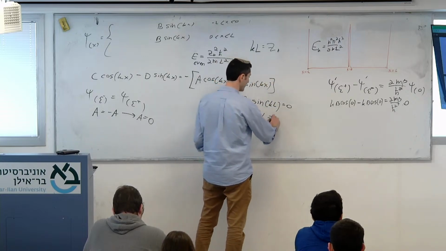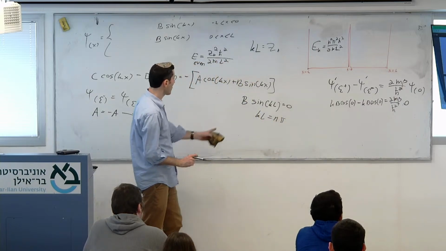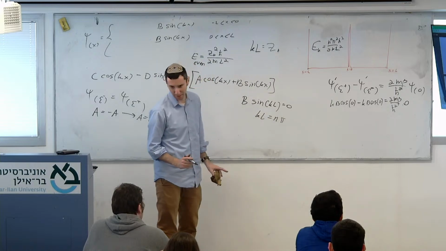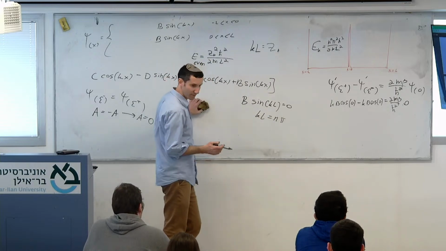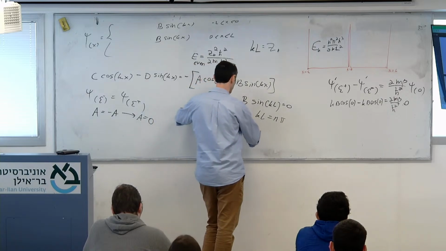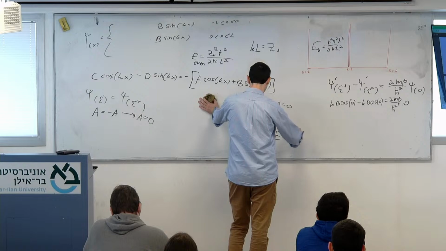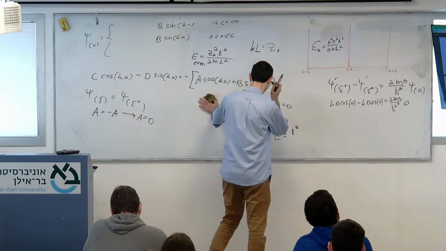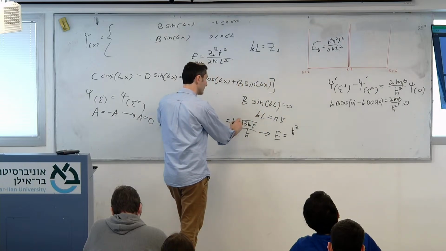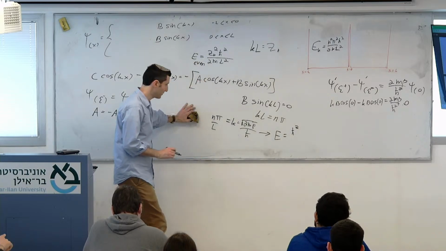Therefore, KL must be n pi. And K is the square root of 2mE over h bar, so instead of K, I can write n pi over L, right?